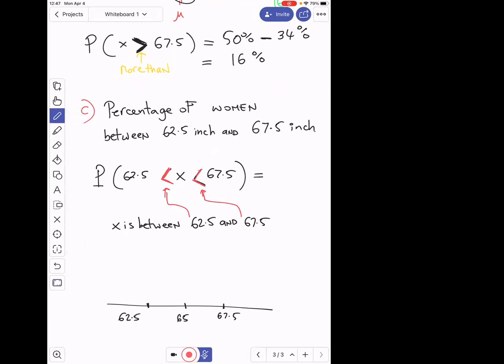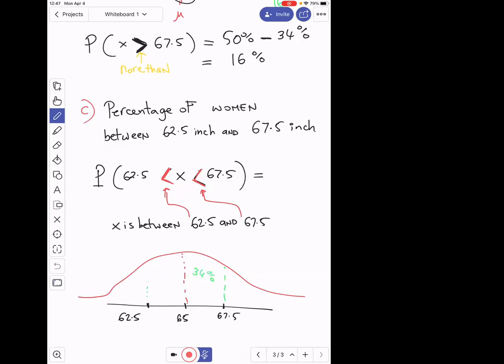So here's your graph. Between 65 and 67.5, that's 34%.